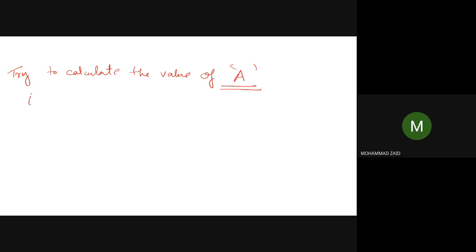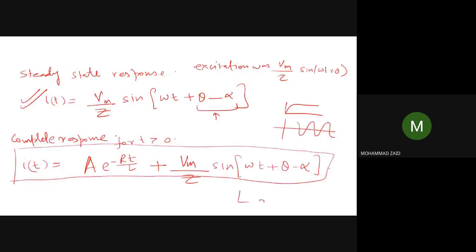Let us assume that iL(0) was 0, that is, the inductor was not storing any energy initially. So the initial inductor current will be 0. Now, if it is 0, I can quickly put it in this equation. That is our final equation. Let us mark this equation as equation 2.